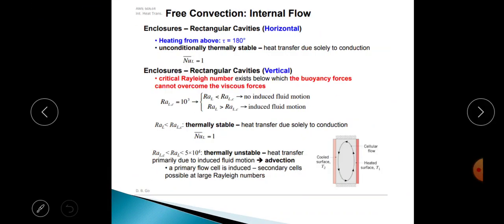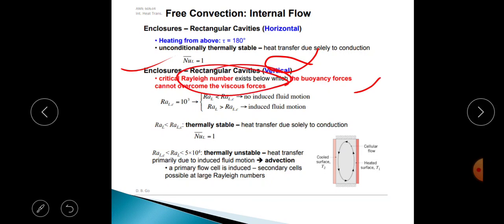Free convection for internal flow, like enclosures, rectangular cavities, horizontal, and heating from above, like tau equal to 180 degrees, is unconditionally thermally stable, with heat transfer due solely to conduction, Nu_L equal to 1. For enclosures, rectangular cavities which are vertical, a critical Rayleigh number exists below which the buoyancy forces cannot overcome the viscous force.